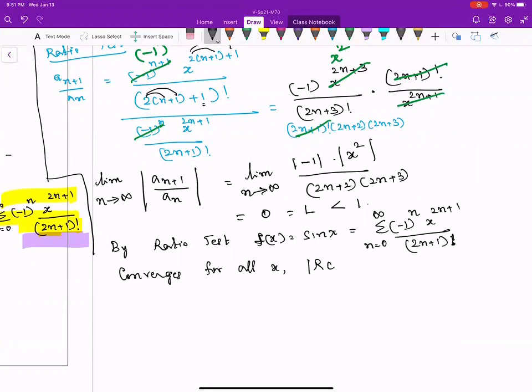In other words, the radius of convergence is equal to infinity. This representation for sin x is the Maclaurin series representation for sin x.